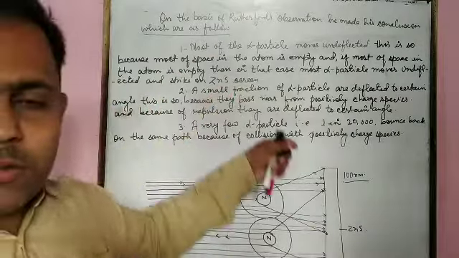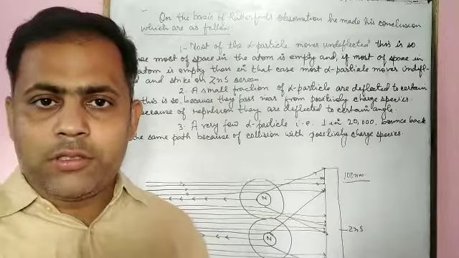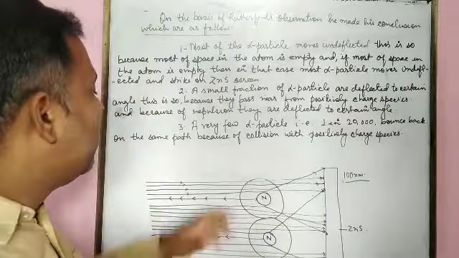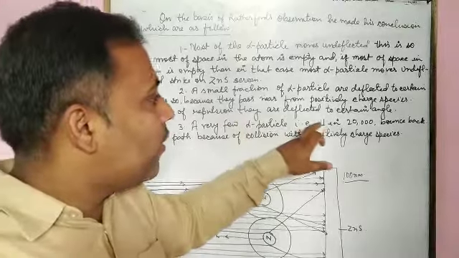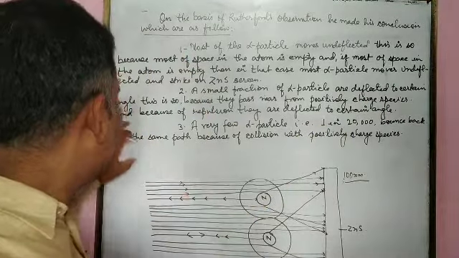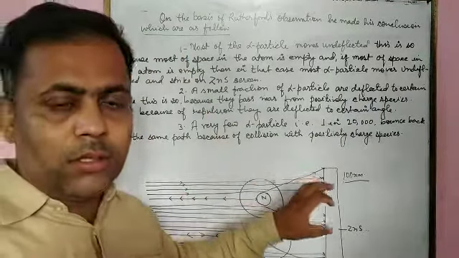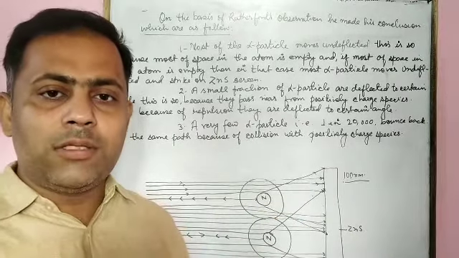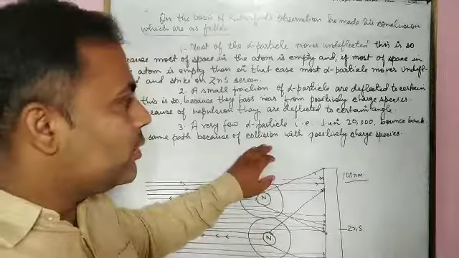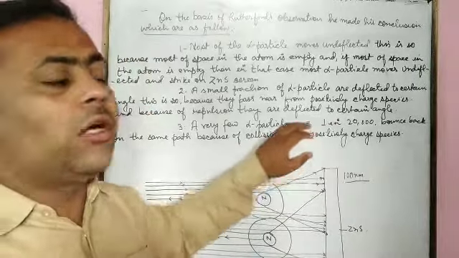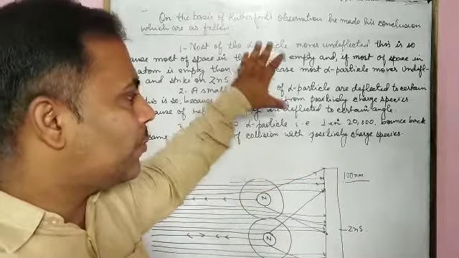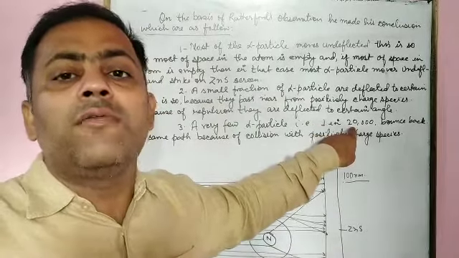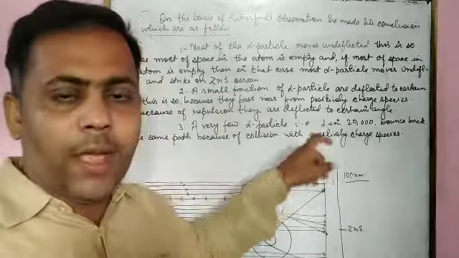Based on this calculation, he made the inference that though a very few particles, 1 in 20,000, bounce back on the same path because they collide with the positively charged nucleus, and its dimension was quite small in comparison to the dimension of the atom, because when we bombard 20,000 alpha particles, one particle is bounced back.